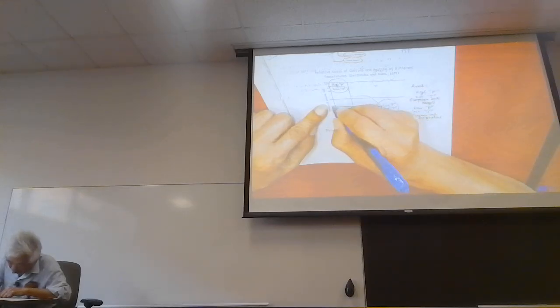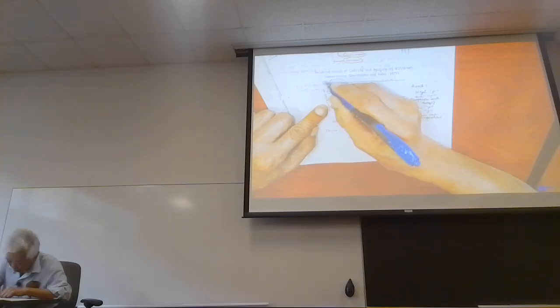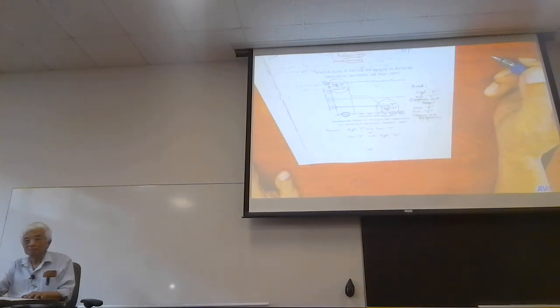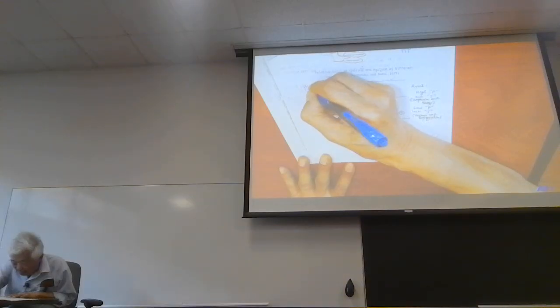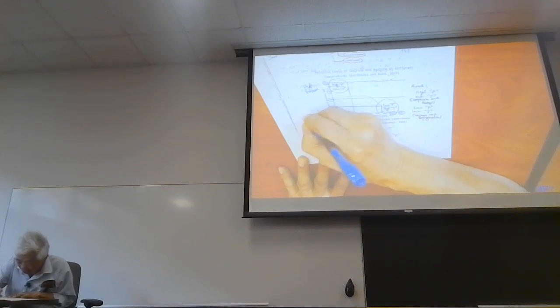Pressure 0.1 atm, 1, 10, 100. So here is high pressure, here is low pressure. That's called vacuum operation.